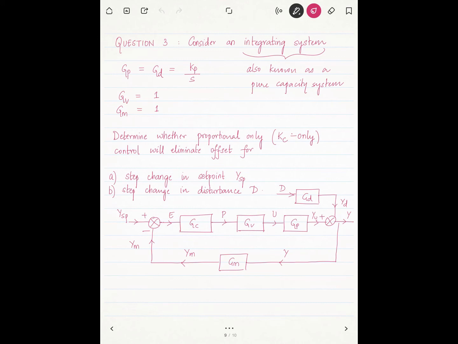And we are asked if we use a proportional only controller in this closed loop, will it eliminate offset when we have a step change in the set point, that is YSP? And will it eliminate offset for step change in disturbance, that is D? As you can see, we just have a simple schematic of the closed loop here. So let us proceed to solving the question.